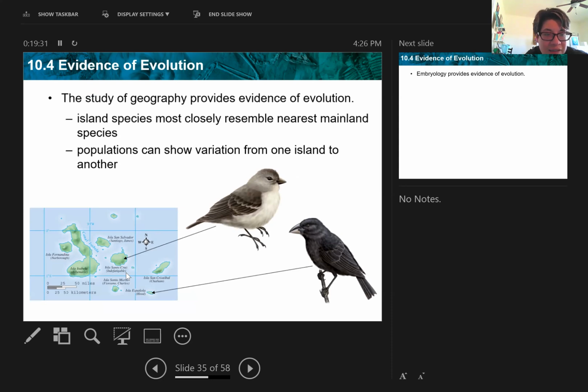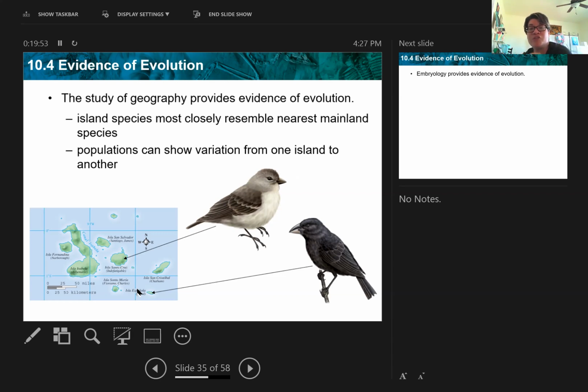One is on Isla Santa Cruz, and one is on Isla Española. They look really similar.